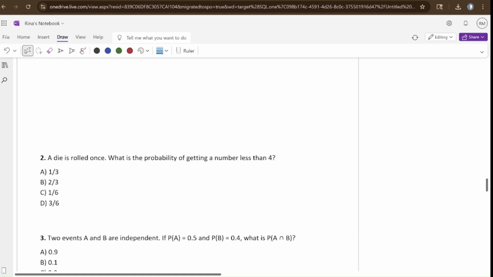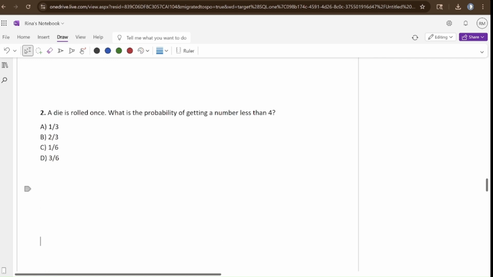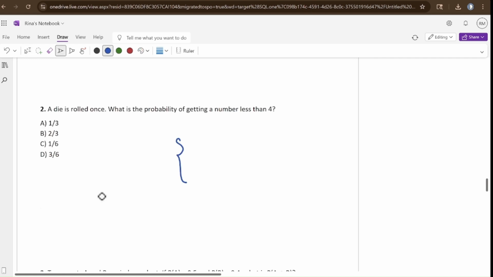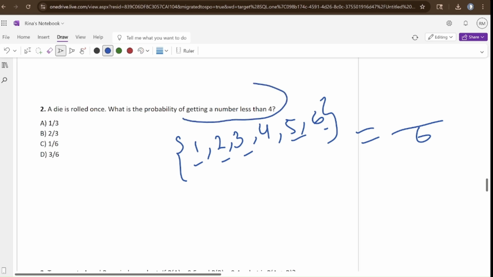Now the second question. A die is rolled once. What is the probability of getting a number less than 4? Die is rolled once. That means it can be 1, 2, 3, 4, 5, 6. Any number, right? So total number of outcomes is 6. But you want a number less than 4.